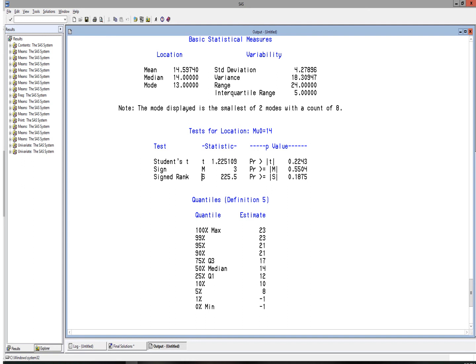And the area to the right of that is 0.2243. If we were doing a two-sided test, the p-value would be about 0.45. Either way, it's well over 0.05. So we would say at the 0.05 significance level, there is not enough evidence to conclude that the mean carbohydrates of all cereal is different than 14. Easy enough, right?